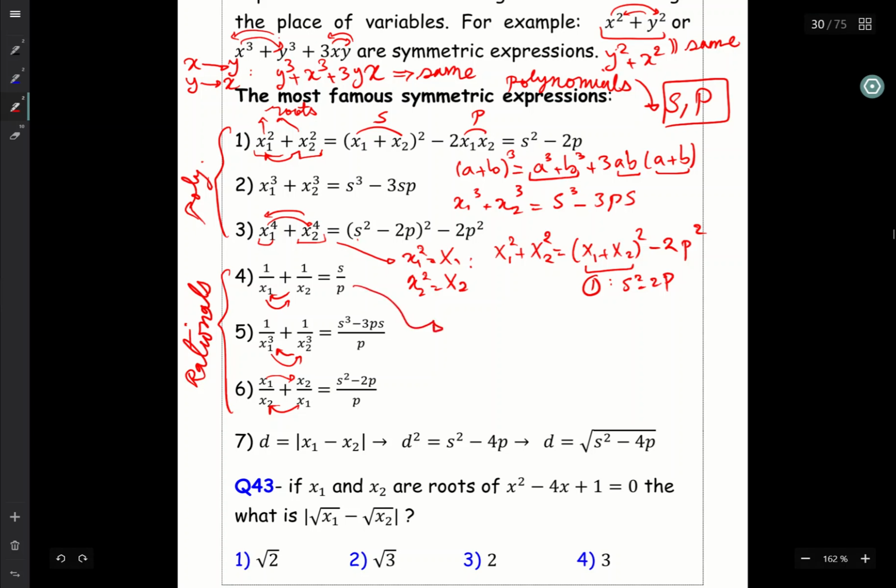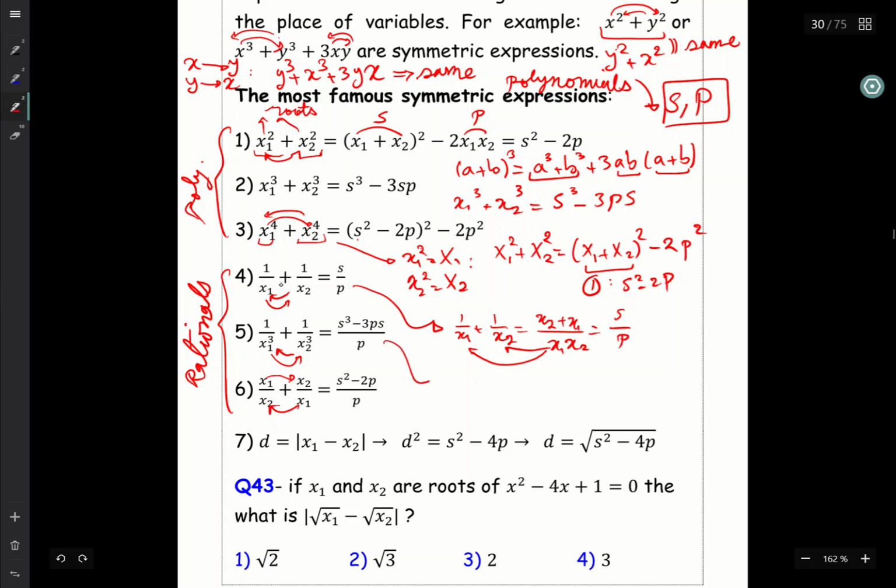So for example, the first one, 1 over x1 plus 1 over x2. We know how to sum rational numbers. The product of the denominators goes in the denominator, and in the numerator the first denominator, x2, comes up, and the second denominator, x1, comes up, which is s over p.